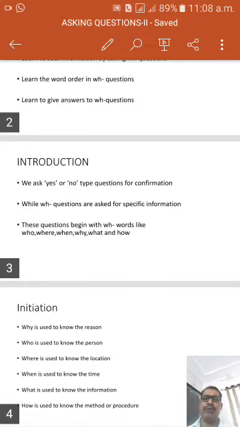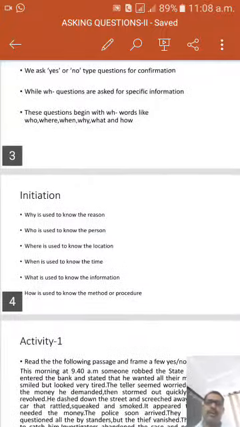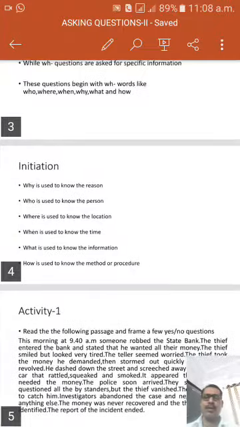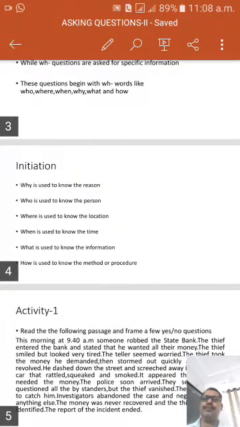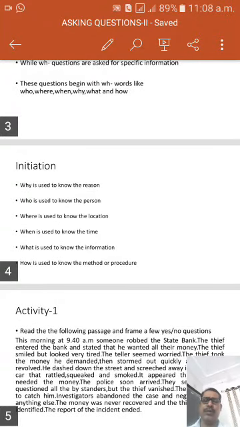WH question words. So let us get into the topic. So let us know how these WH words are used.